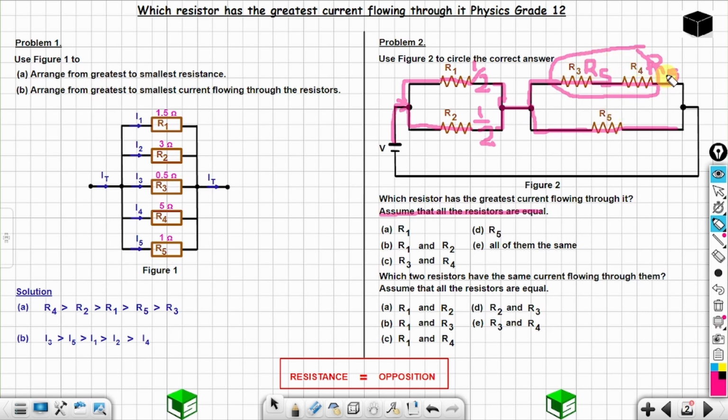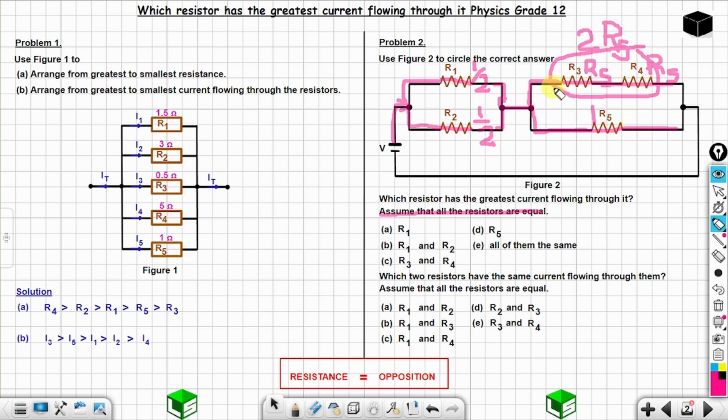So this is a series circuit. They are connected in series. So on this branch you have two R5, R3 plus R4, total resistance. You have one R5 on this branch, and on this branch you have two R5. Do you understand?